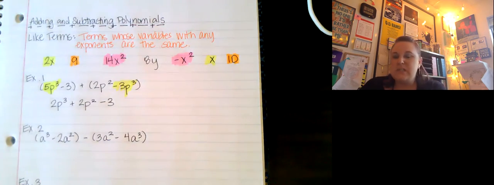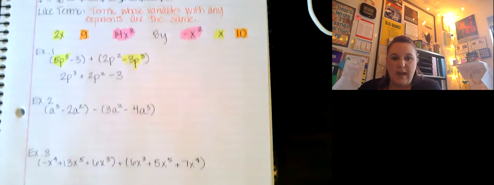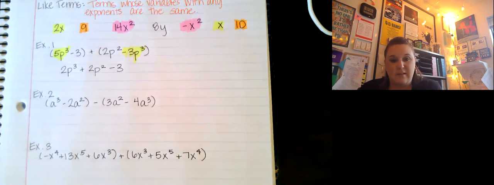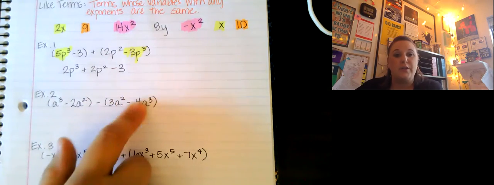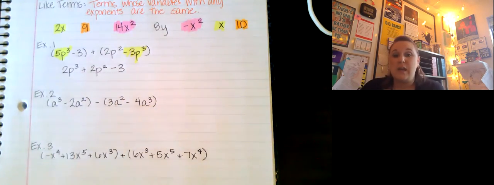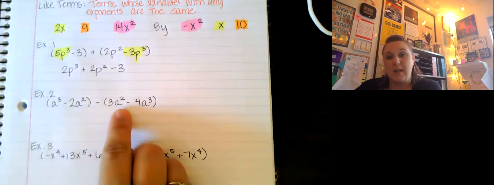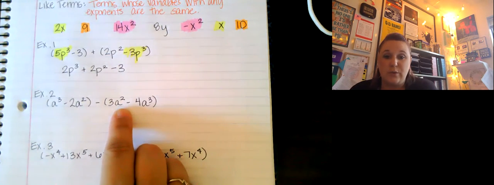Easy, right? So the only difference with our subtraction is that parentheses do matter when we're subtracting a polynomial from another, because this subtraction is really saying we're subtracting all the terms that are inside here.